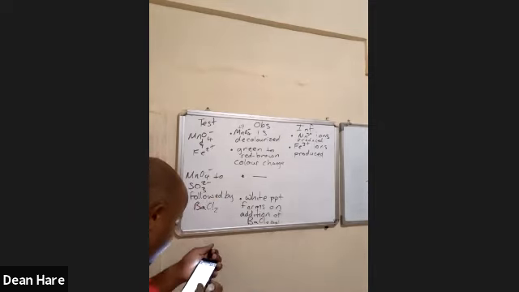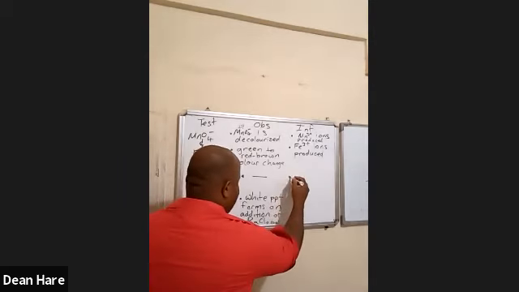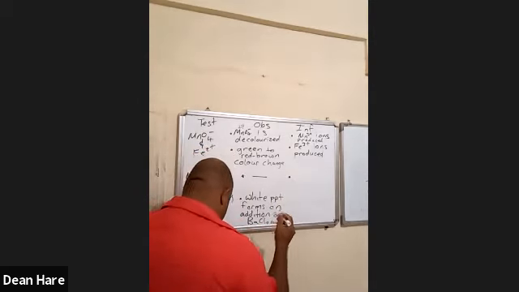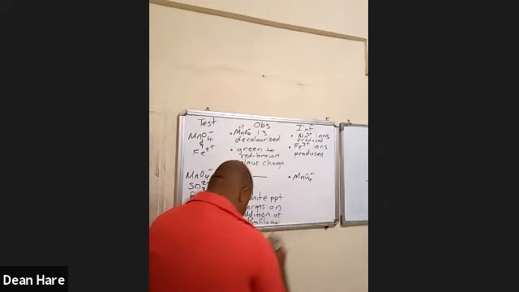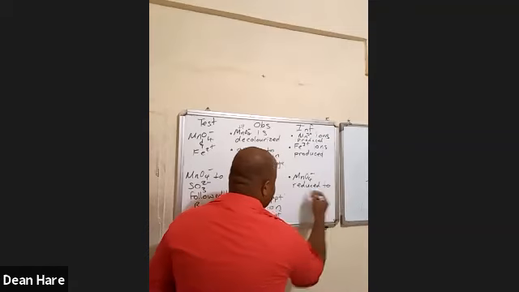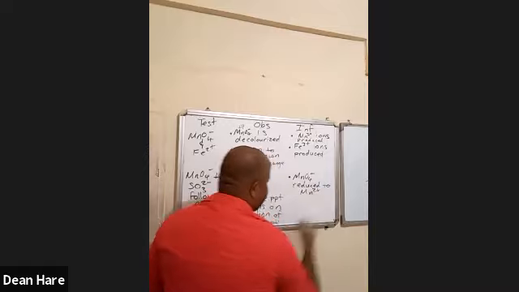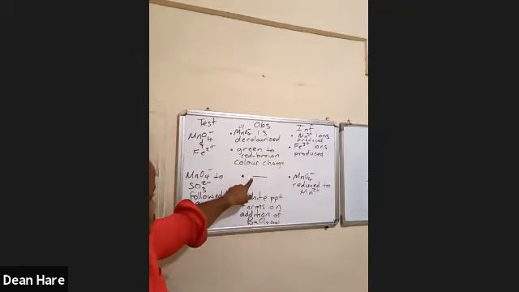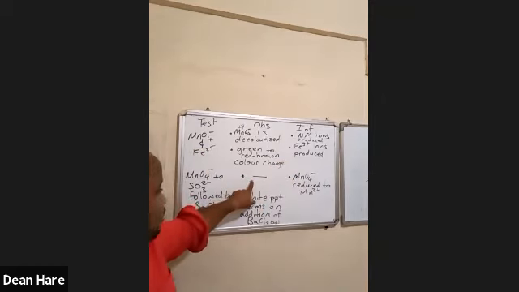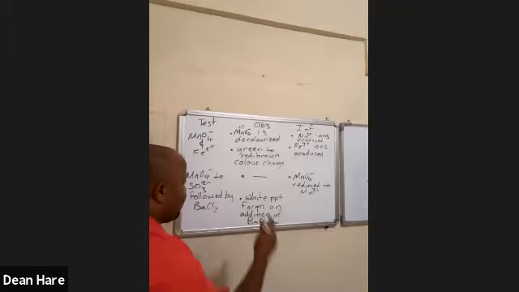For the inference, it says MnO4 minus reduced to Mn2 plus. Now, if the permanganate ion is reduced to Mn2 plus, what would be the color change? Colorless. It would be decolorized, right?